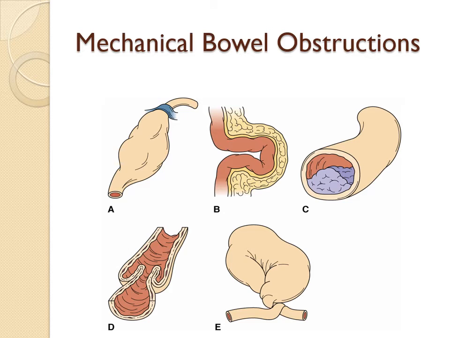B, if you haven't guessed it, is a hernia, where you've got an abdominal wall that is weak, and therefore the intestine is protruding through it and thus making it difficult for the easy continuation, propulsion of food through the colon. Letter C, you're looking at a tumor. There is some kind of a growth that is making it slow to pass through or totally blocking it off. Now, C can be either benign or malignant.